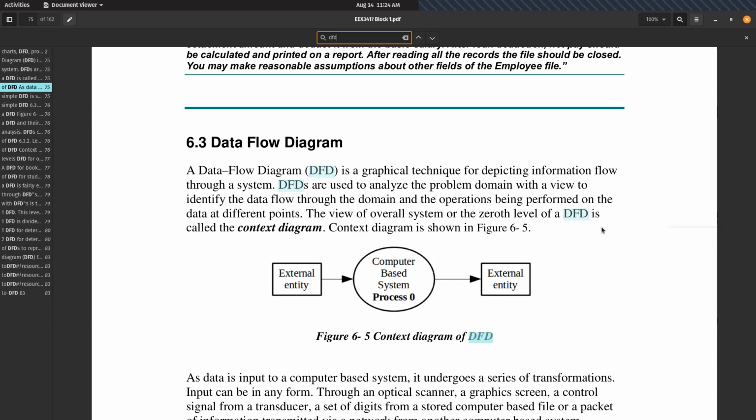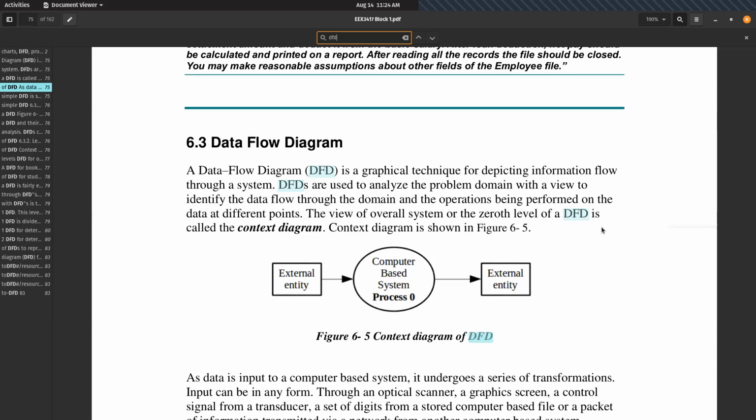First, we write it as a context diagram, because suppose we want to implement a software system for item stock management. So process 0 is stock management.